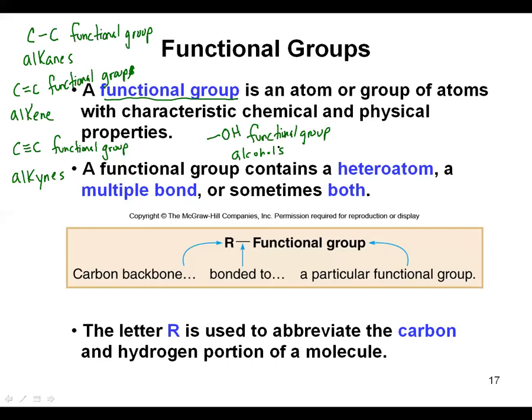So when we look at all these different organic compounds, there will always be a part of that molecule that is how you can classify it as a certain type of organic molecule. If it all has single bonds, it's an alkane. It has a double bond, it's an alkene. It has a triple bond, it's an alkyne. It has an OH group, it's an alcohol.